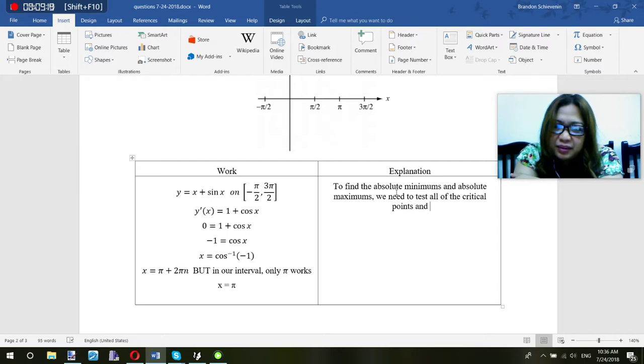But that's not the only point that could be the largest or smallest y value. What are the other points that could be the largest or smallest y value for our function? Can you apply, let's say, 2 pi too? We can't because that would get us outside of our interval.